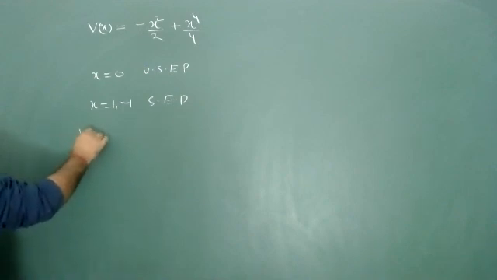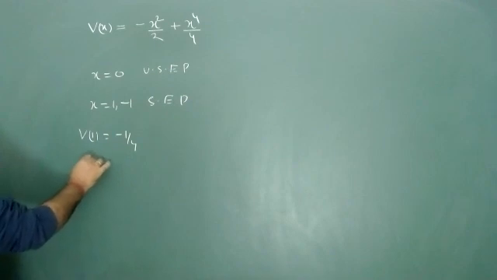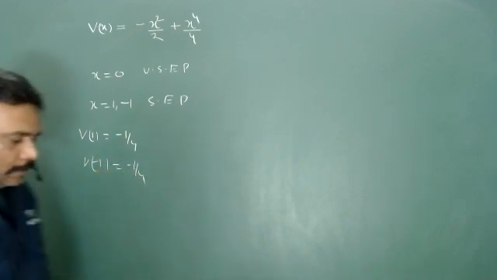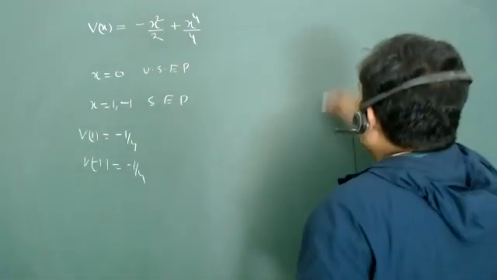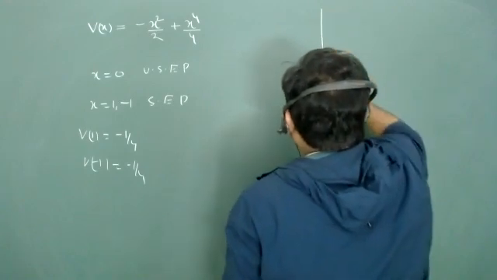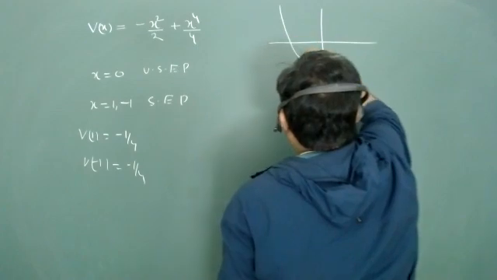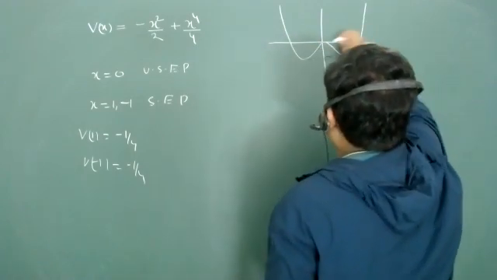So V(1) is equal to minus 1/4, and V(minus 1) is also equal to minus 1/4. So this is a W sort of curve, isn't it? Yes, sir, a W sort of curve. This is my potential.